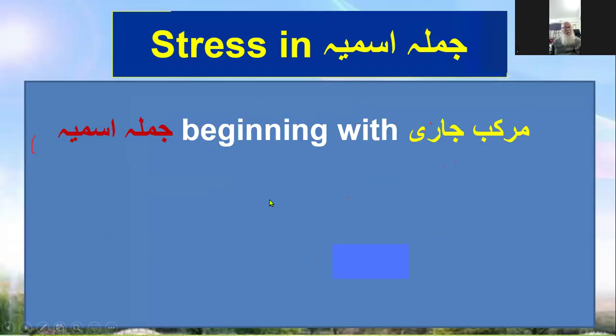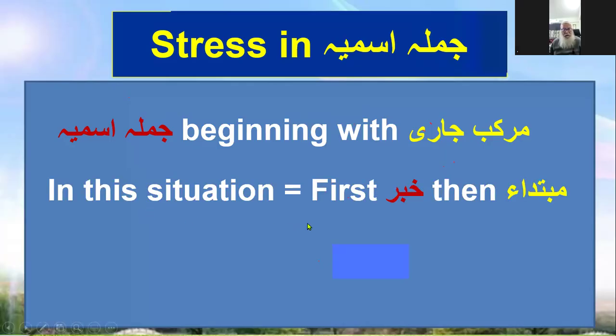The second way is that we can start the jumla ismiya with a murakkab jari. We bring the murakkab jari in front of the mubtada, so the mubtada becomes muakhar in that case, and the shibe jumla khabar comes earlier. In this case, first khabar, then mubtada.